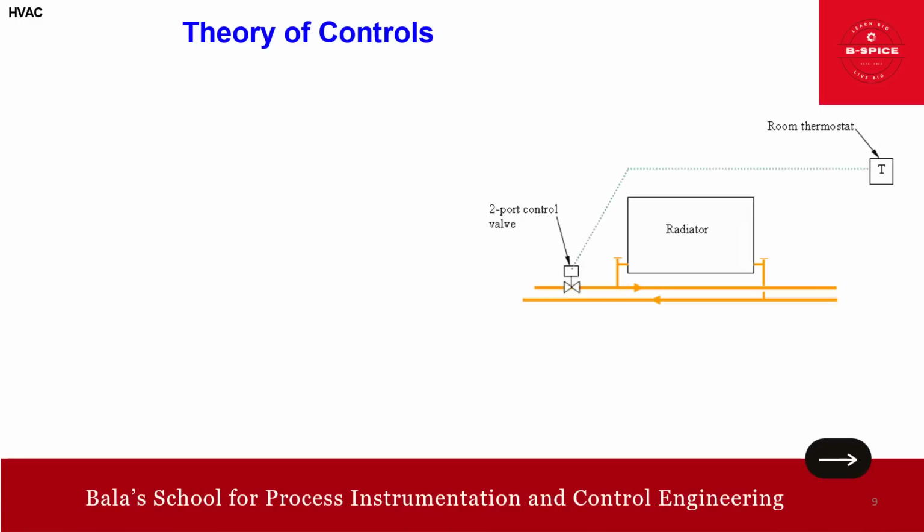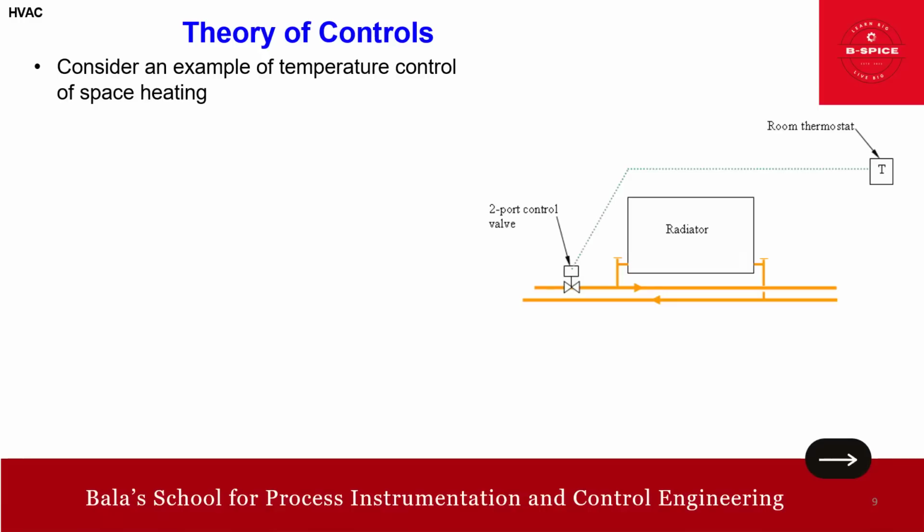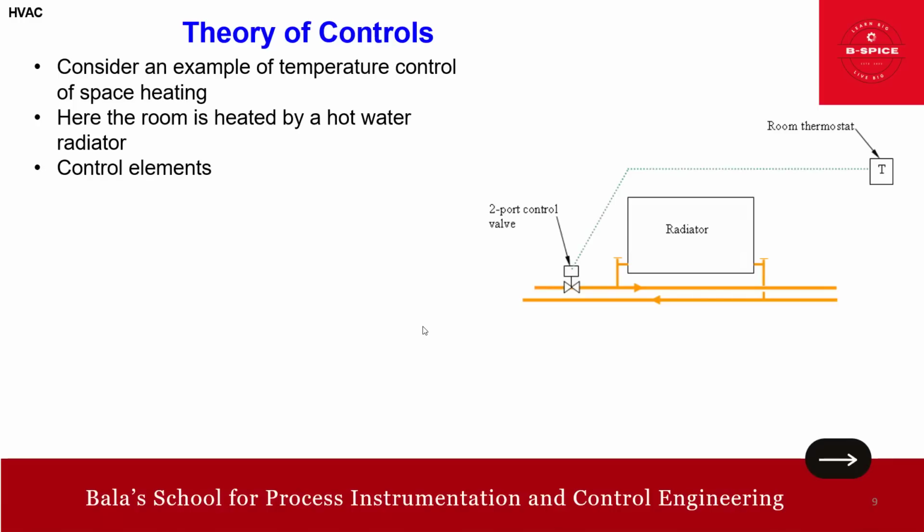Now, I'm going to explain this closed loop with the help of temperature control of space heating. This is your thermostat, this is your radiator, and this is your two-port valve. Here the room is heated by a hot water radiator. So what are the control elements here? Of course, the sensor, which is the thermostat, and the controller, both here.